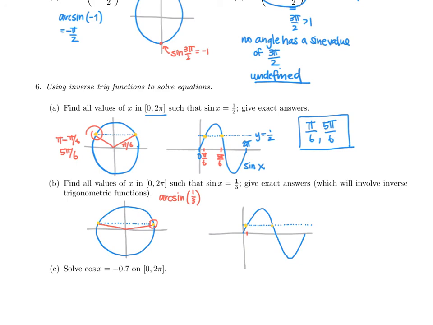So this one right here is pi minus arc sine of 1/3, and that is this particular instance where that sine value is achieved. Let me label everything, because this is y equals 1/3, and this is sine of x. Cool. So those are our two exact answers, and that is arc sine of 1/3 and pi minus arc sine of 1/3 as the two angle measures that have a sine value of 1/3 on 0 to 2 pi.